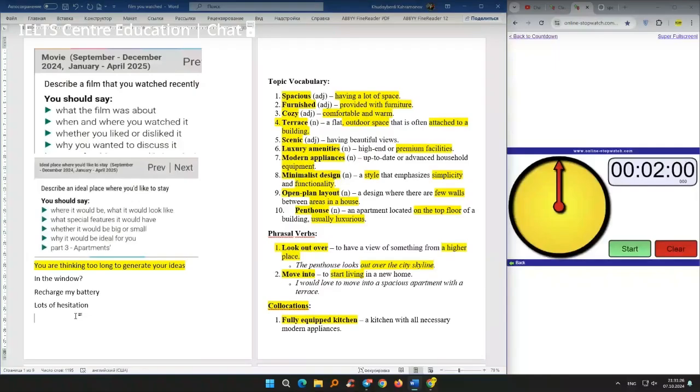So recharge my battery was a good phrase. You have lots of hesitation. Really, really bad for you. As for me, if I were an examiner, I would put maybe between 5.5 and 6.0, nothing more. That's why try to work on your fluency, okay? Your fluency is your biggest enemy.